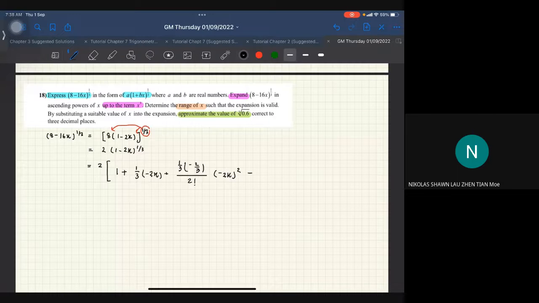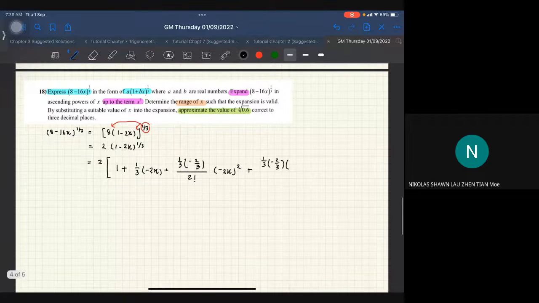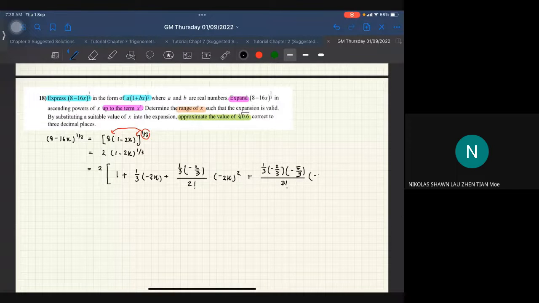Okay, so satu lagi guys. So tambahkan dengan power kita 1 over 3 tolak 1, negative 2 over 3 tolak lagi 1, negative 5 over 3. Okay, and then divide by 3 factorial times with negative 2x kuasa 3 tambah dot, tutup kita punya bracket.